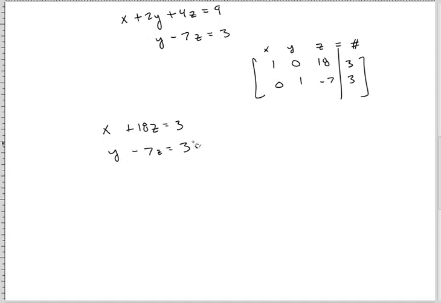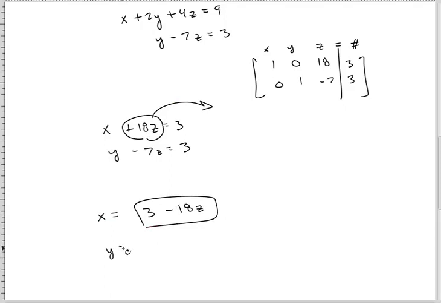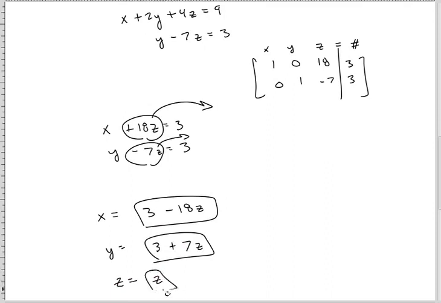Can I at least solve for x? Yes. I'm going to move this over to the other side as a negative. So then I got 3 minus 18z. For my y, I'm going to move this over. Now it's going to be a positive. 3 plus 7z. And again, what does z equal? Z equals z. But most of the time they'll already provide that.